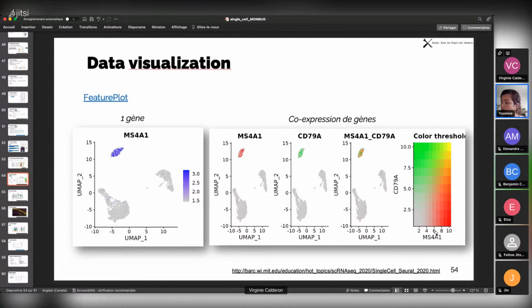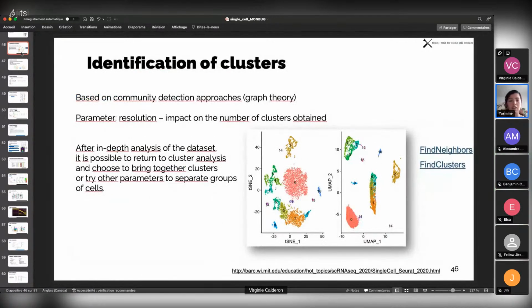Okay, perfect. About page 46, you said that we need to play with the parameters to know the best resolution. But is there a threshold, or a mathematical equation, or is it based on data visualization?